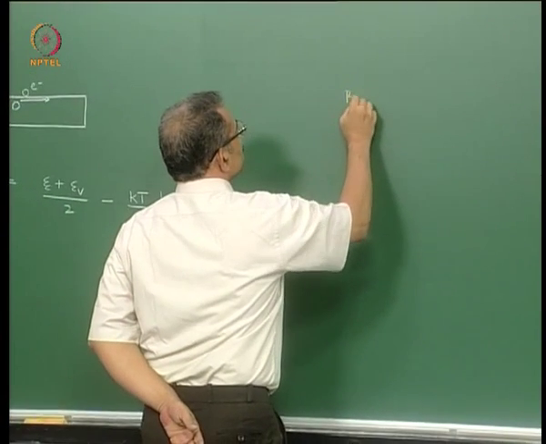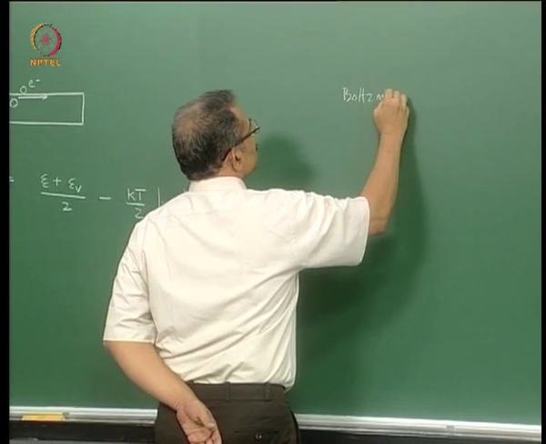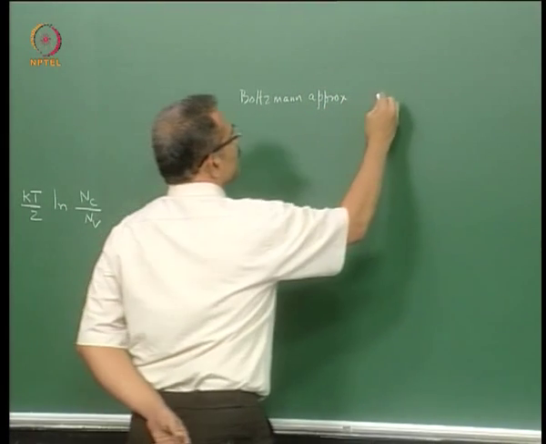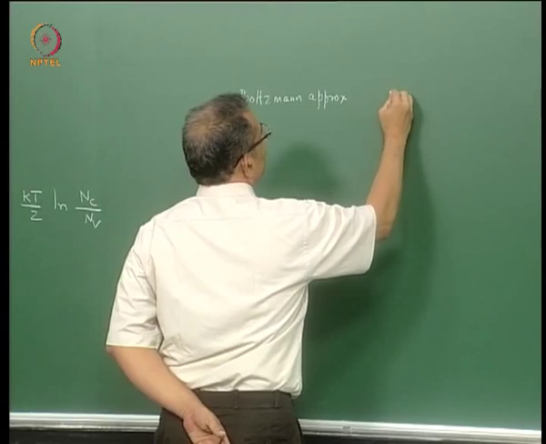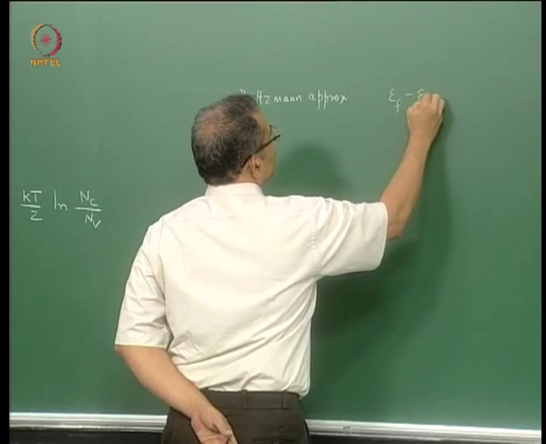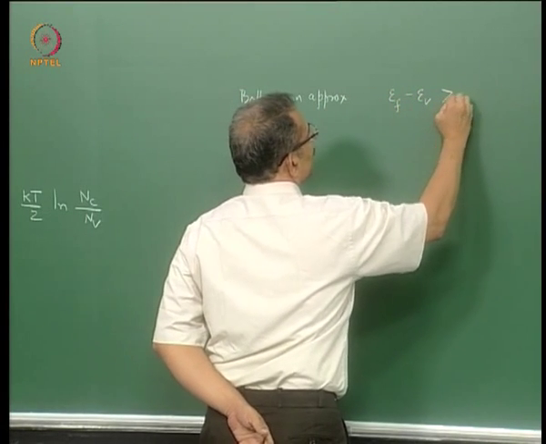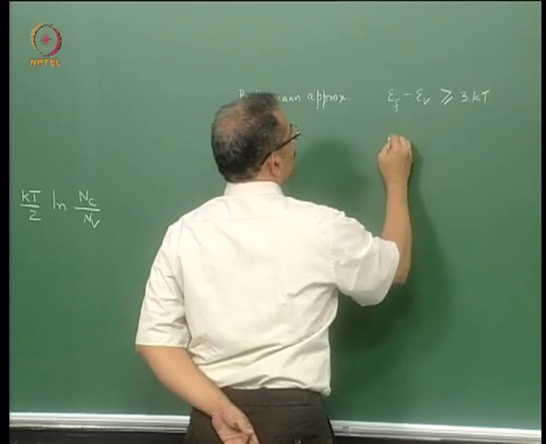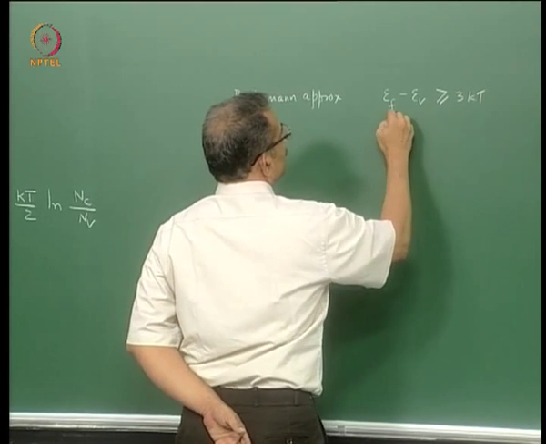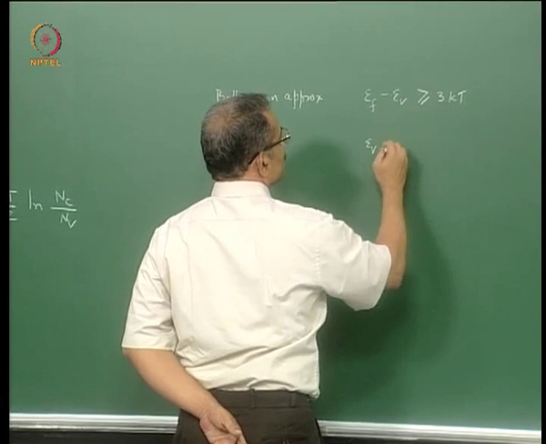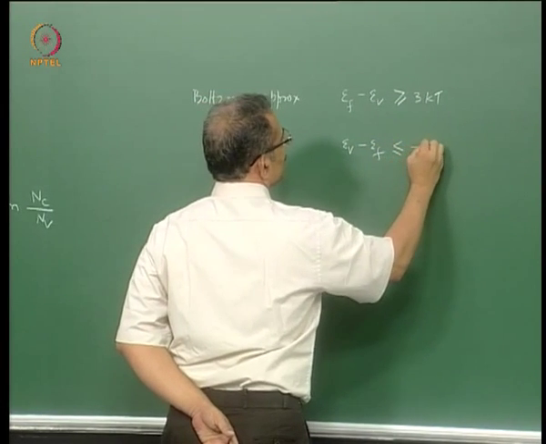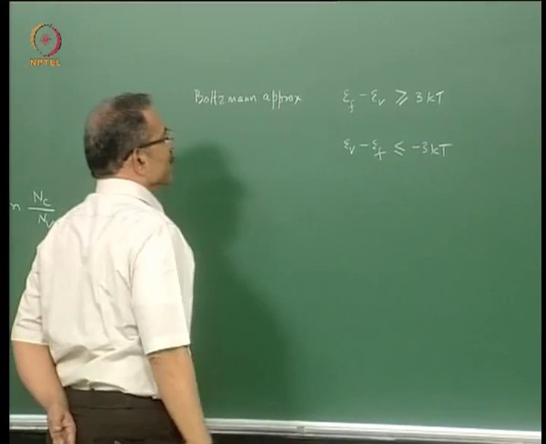Now Boltzmann approximation is valid when Ef minus Ev is greater than or equal to 3 times kT, or Ev minus Ef is less than or equal to minus 3 times kT.